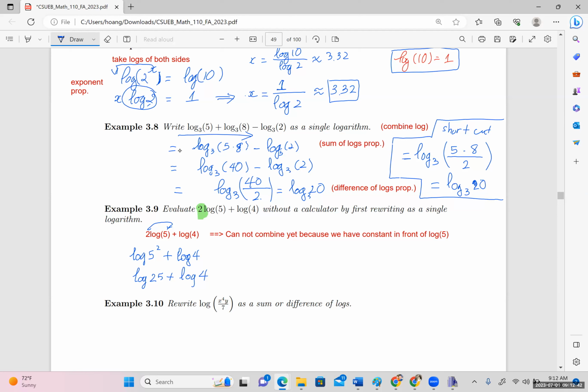So I'm going to move this up, and I say log of the product between 25 and 4.